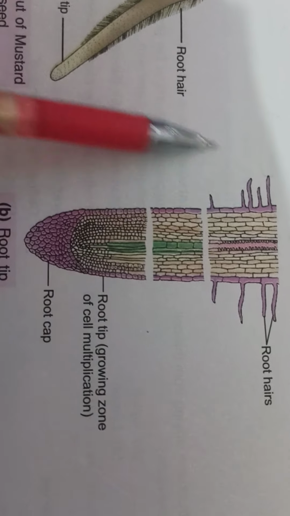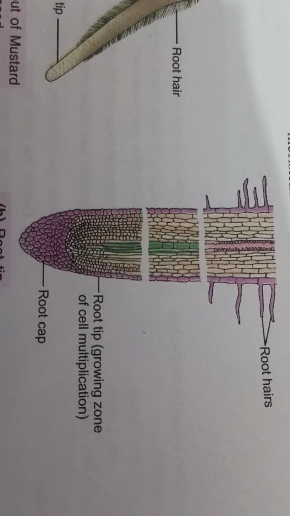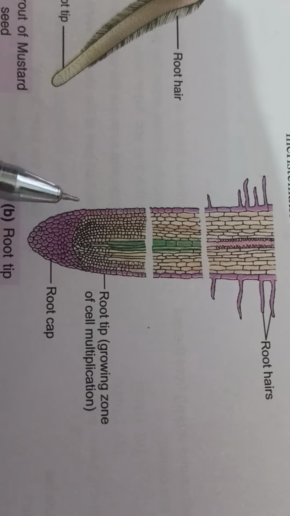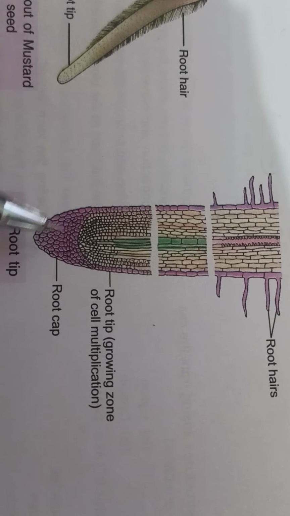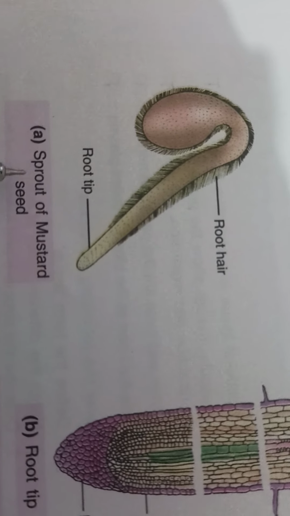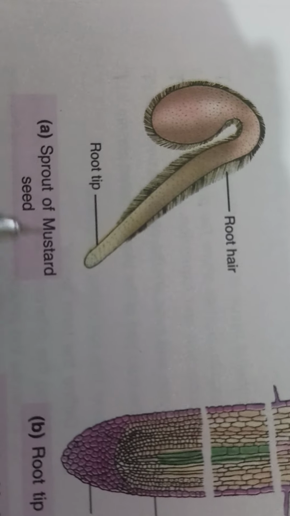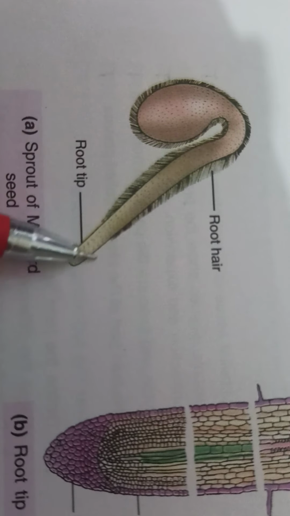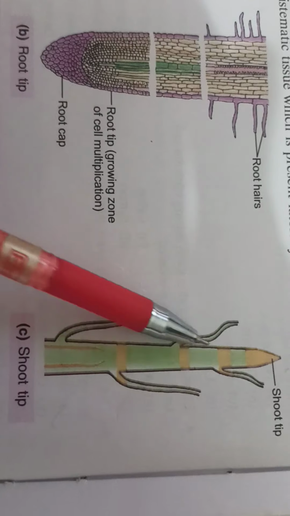So this is the picture of the root tip in which meristematic tissue is present in a very large amount. This is the picture of a sprout of a mustard seed in which meristematic tissues are present, and this is the shoot tip.